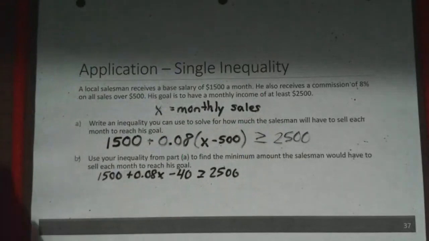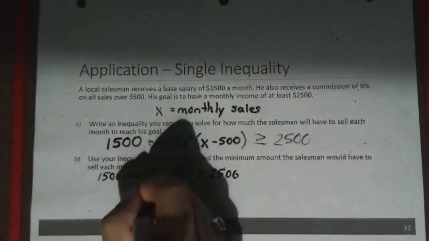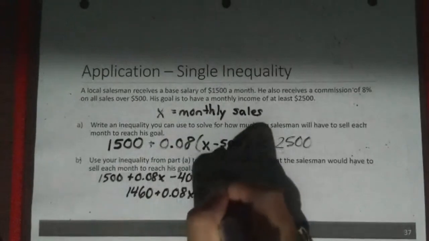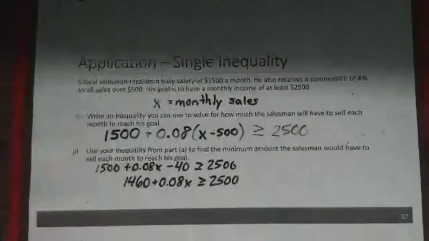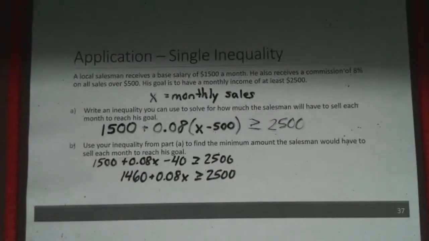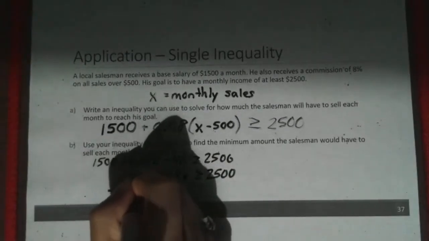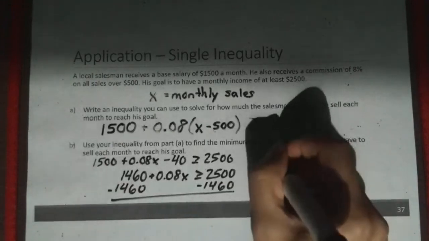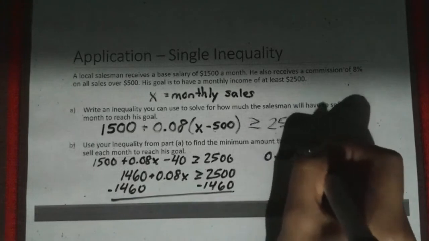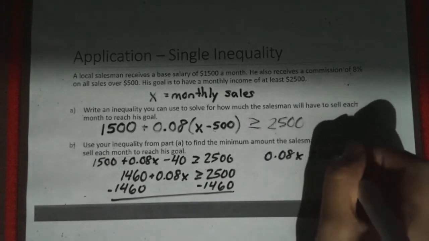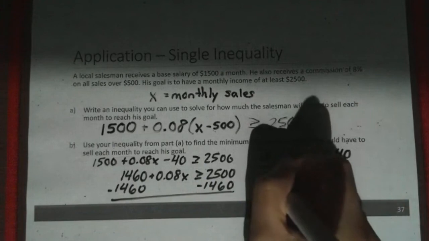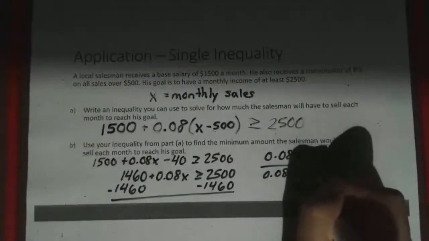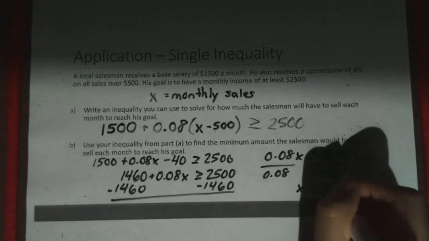If I combine my like terms, I'll have 1,460 plus 0.08x is greater than or equal to 2,500. If I subtract 1,460 from both sides, we'll have 0.08x is greater than or equal to 1,040. And if we divide by 0.08 on both sides, we get x is greater than or equal to 13,000.